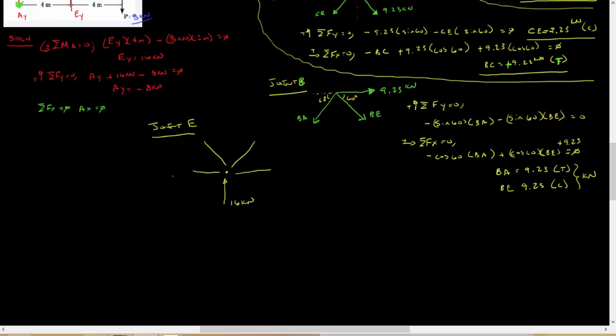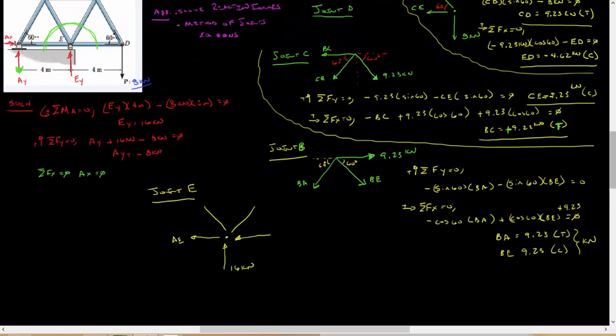We are solving for AE. We have ED from up here, 4.62, and it is going in compression. So we're pointing it into the joint.